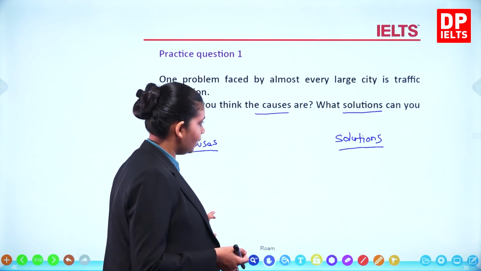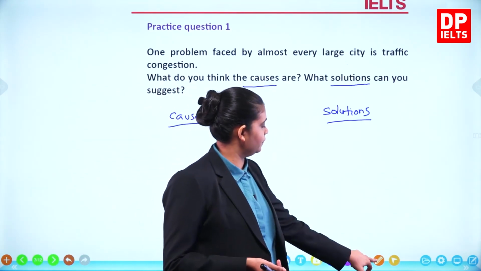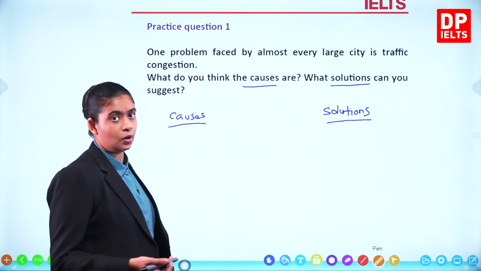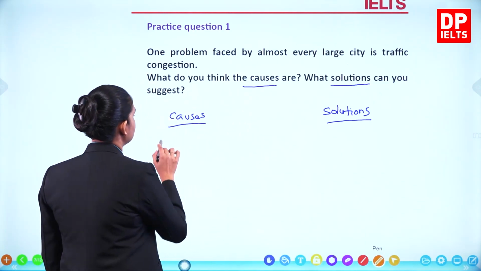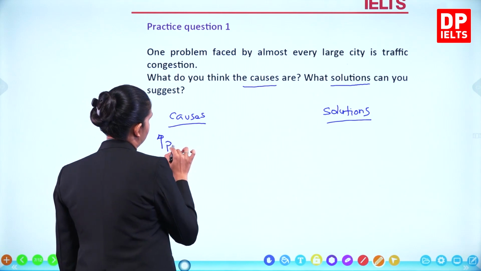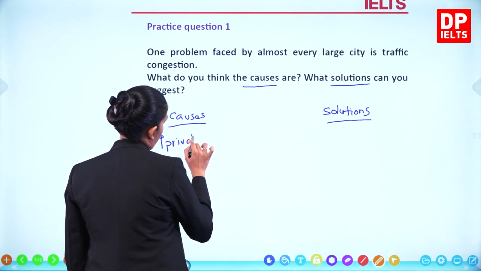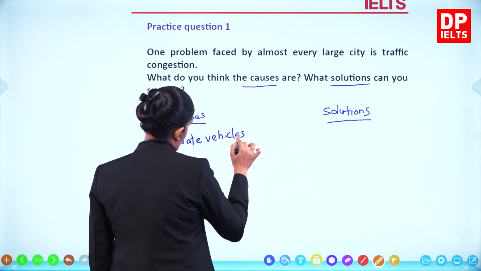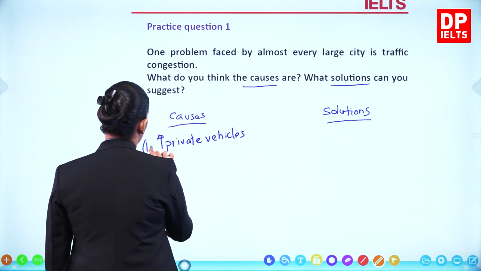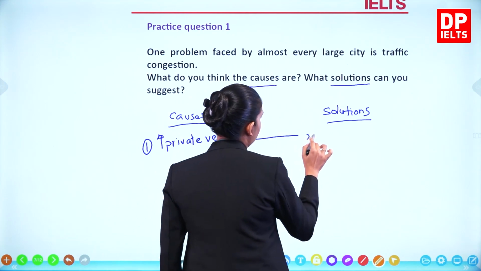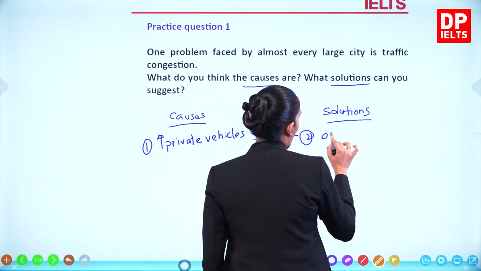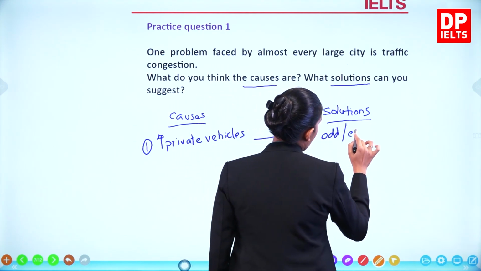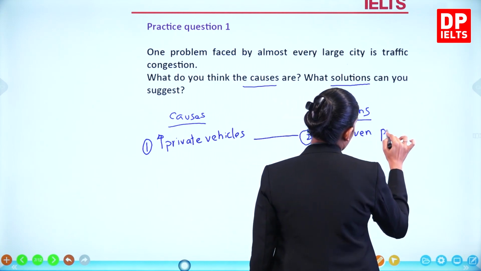Alright, so hopefully you have jotted down some ideas. Now let me write a few ideas for you as well, right? Now one cause could be the increased number in private vehicles. Okay. So what could you do for that? You could have like an odd even policy for chaotic cities.